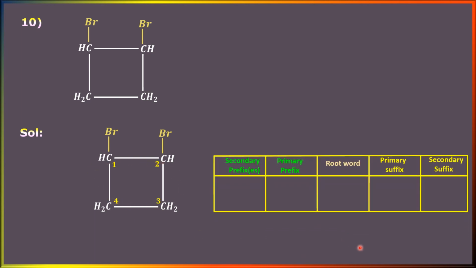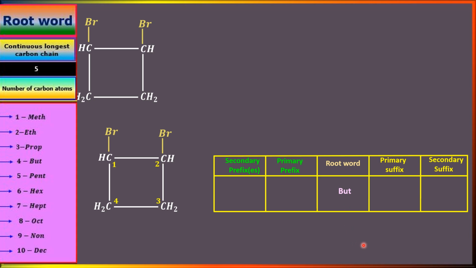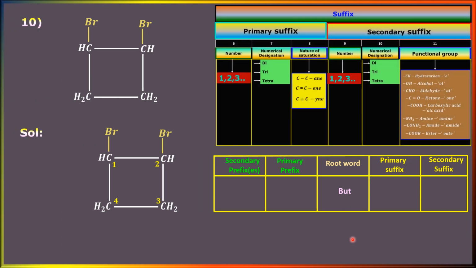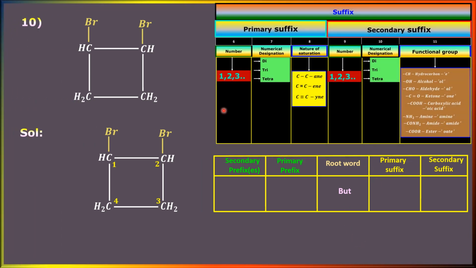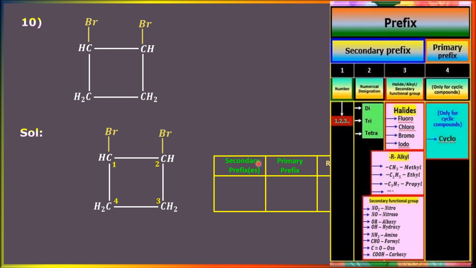So the root word: 4 carbon atoms are there in the ring, so it is but. Next, primary suffix: only carbon single bonds are there, so it is ane. Next, primary prefix: because carbon atoms are forming the ring, the primary prefix is cyclo.